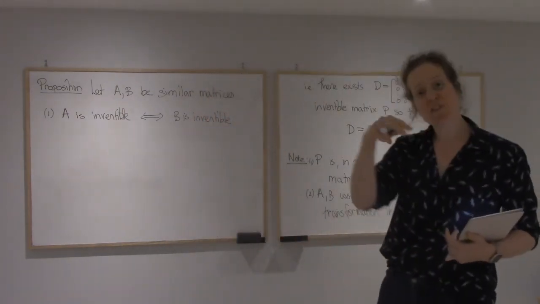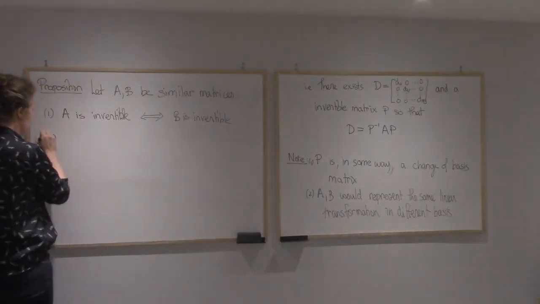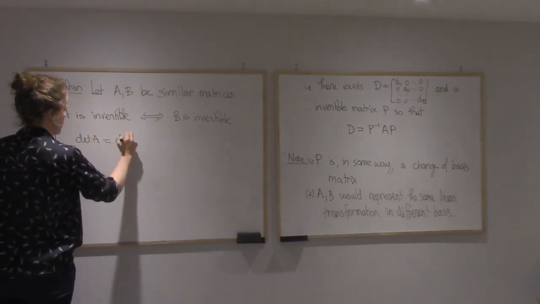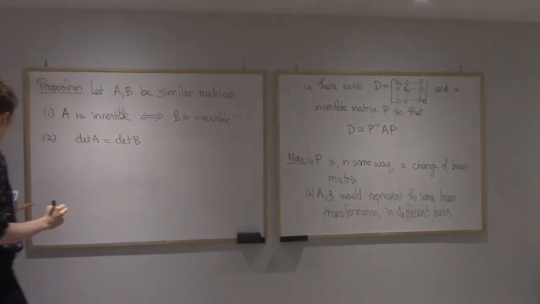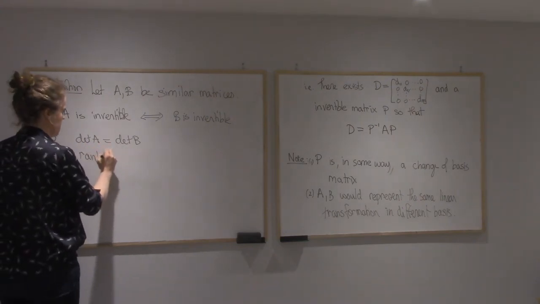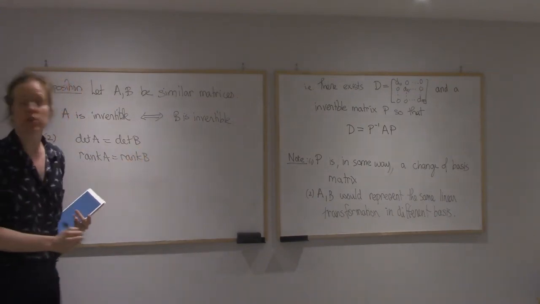Second thing is they have a lot of the same invariants. So the determinant of A is the same as the determinant of B. The rank of A is the same as the rank of B. Same thing for the nullity.